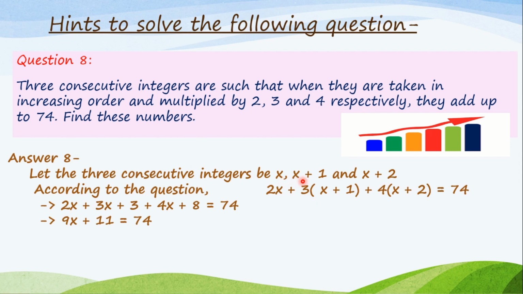So, the next integer will be x plus 1 and the third will be x plus 1 plus 1, that means x plus 2. Now, multiply the first one with 2, second one with 3, third one with 4 and you will get the equation which is equal to 74.